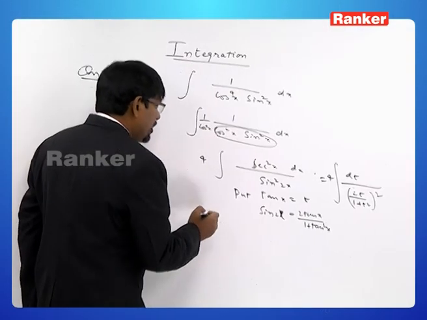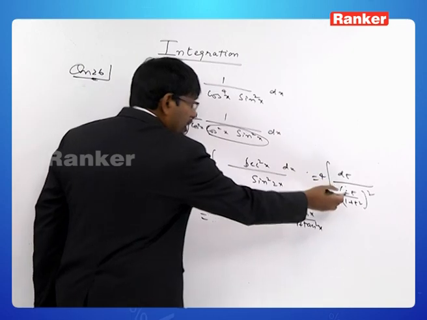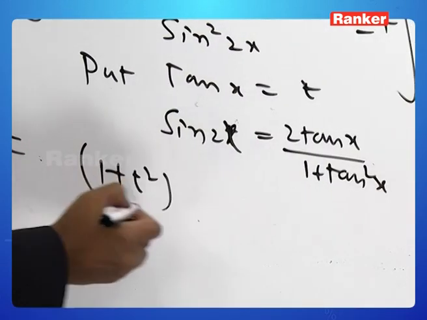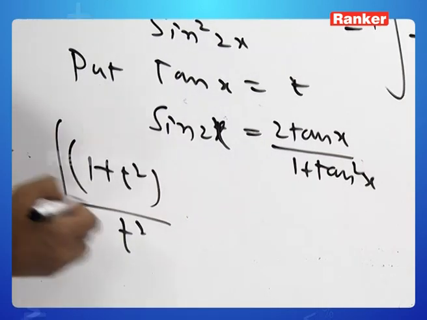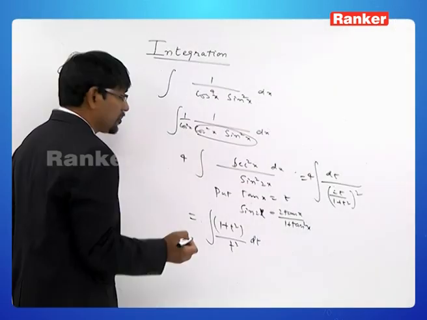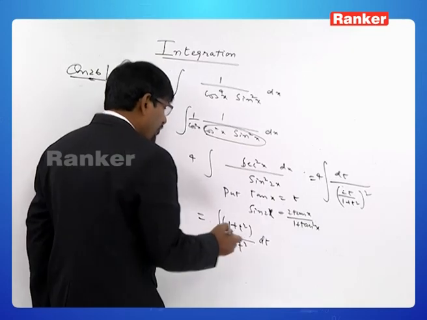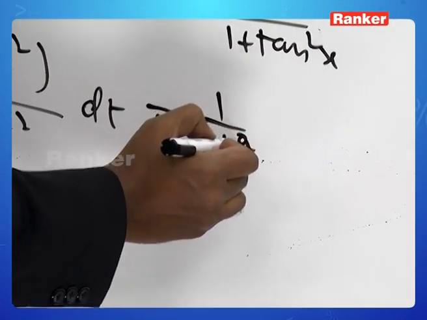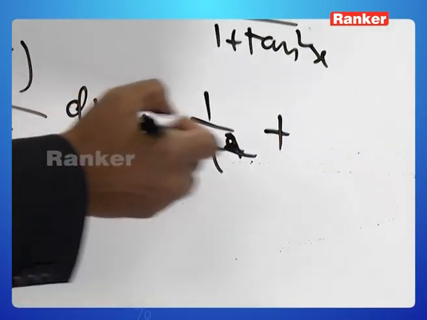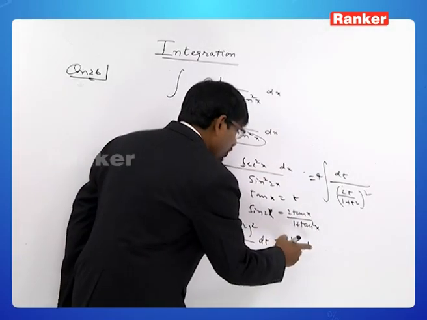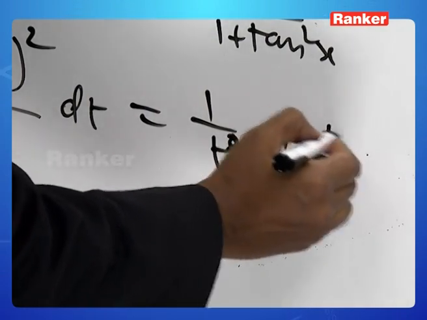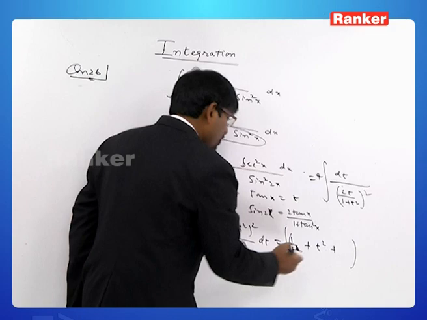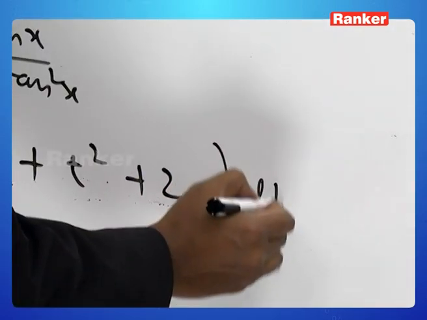So now it's clear that this 4 and this 1 by 4 will cancel, and then we have 1 plus t square the whole square by t square, integral of that. And just open it up, that comes out to be 1 by t square plus t power 4 by t square, that makes it t square, and what do we have? 2t square by t square, so 2 dt plus c.